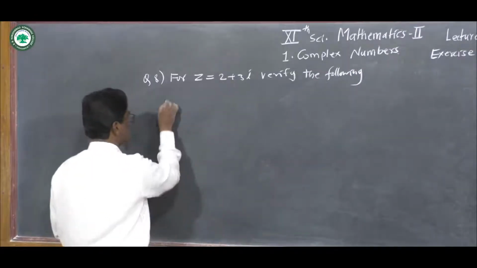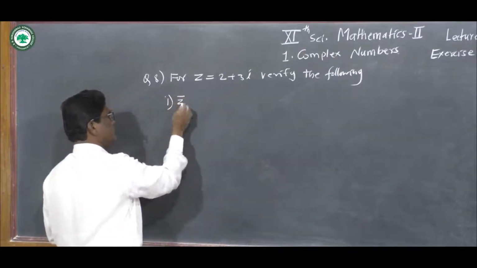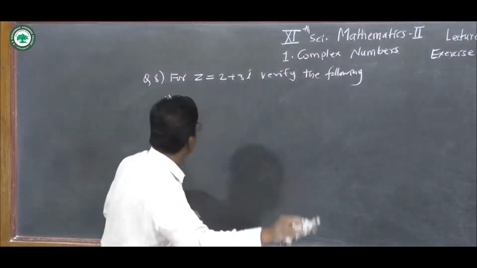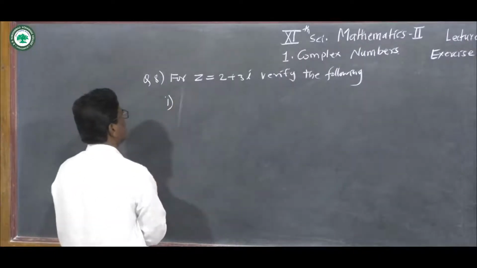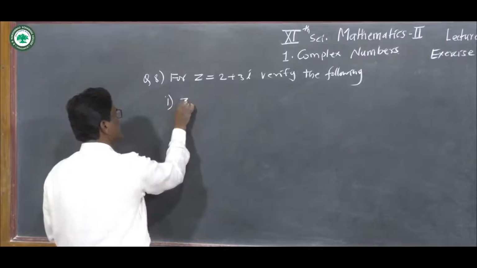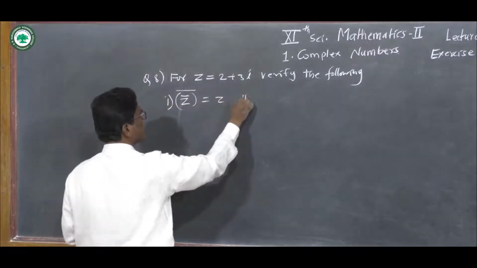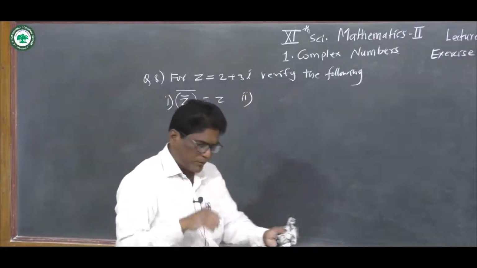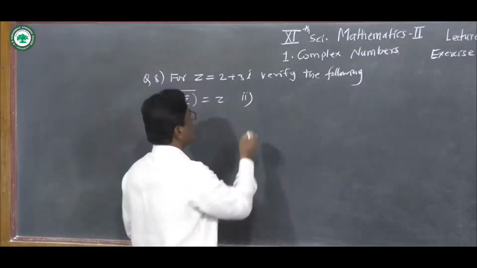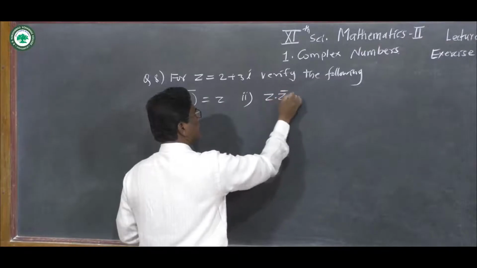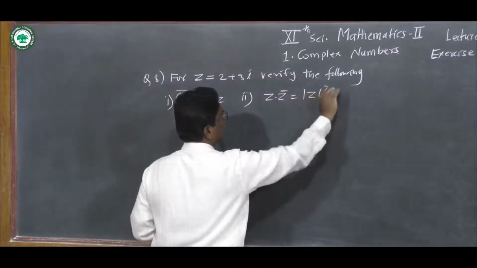First, (Z bar) bar is equal to Z. Second, Z times Z bar is equal to mod Z square.